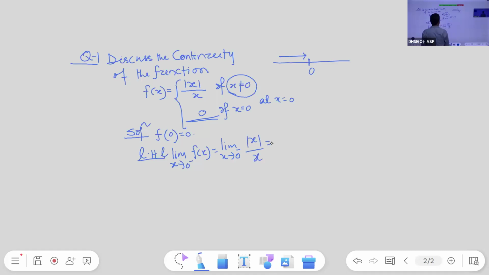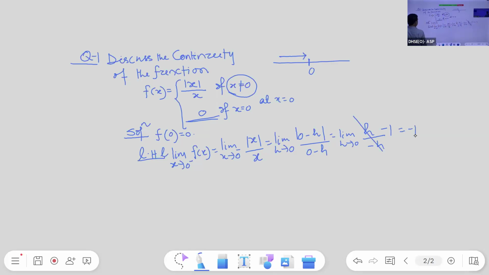In the previous class, I told you how to find the left hand limit. So this is equal to the limit as h tends to 0 of mod of 0 minus h upon 0 minus h. This is equal to the limit as h tends to 0 of mod of minus h, which is h, upon minus h. H upon minus h is minus 1. So the left hand limit of the function is minus 1.